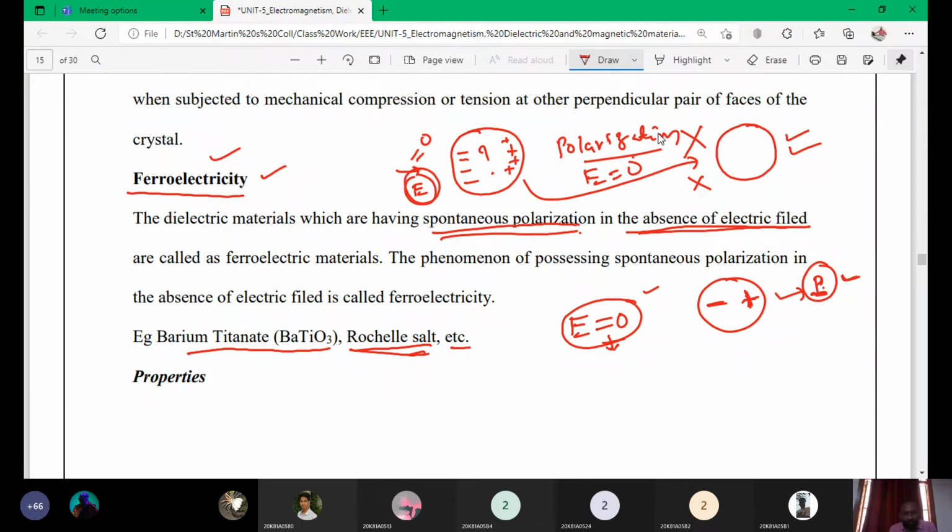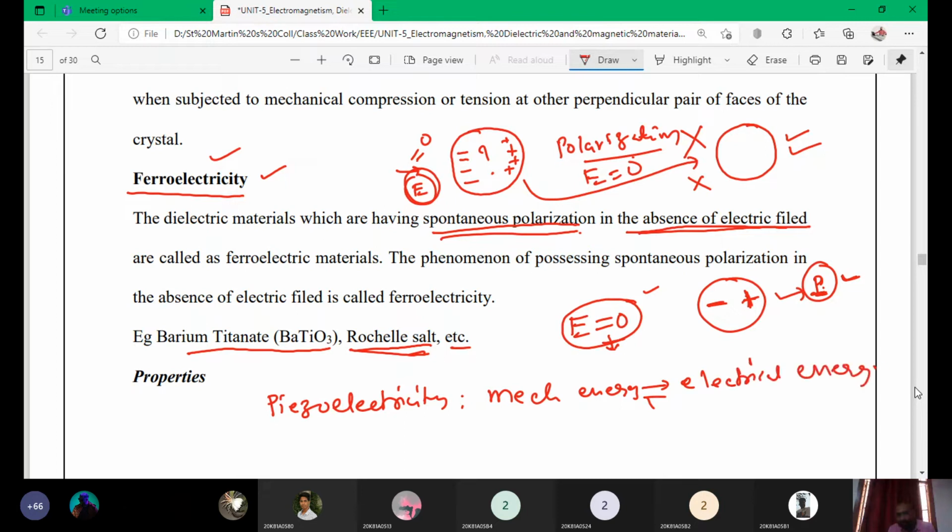Yes, sir. So what we have studied: piezoelectricity means mechanical energy into electrical energy, or electrical energy into mechanical energy. This is piezoelectricity.